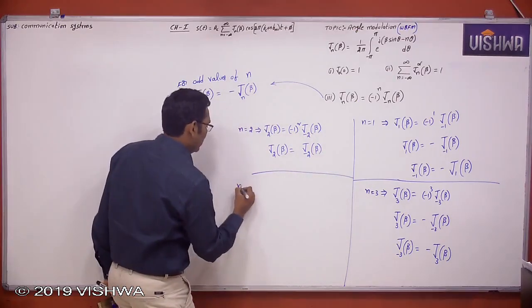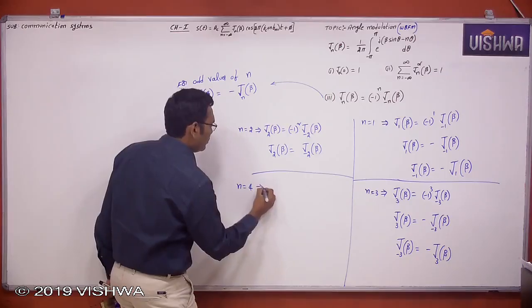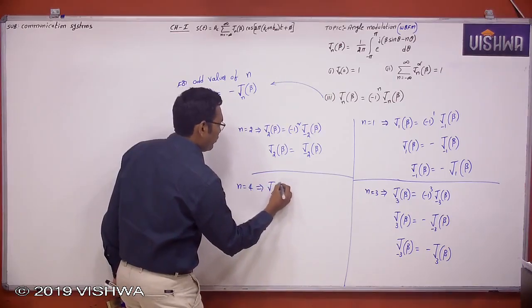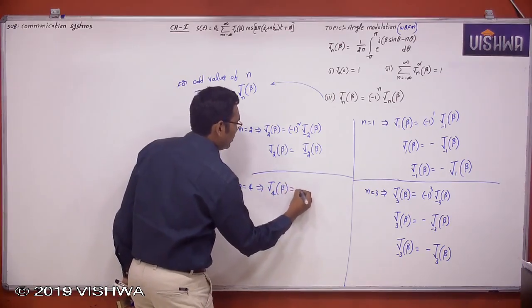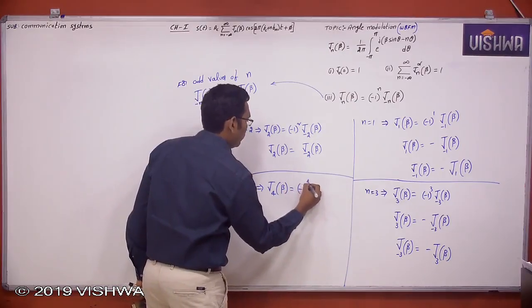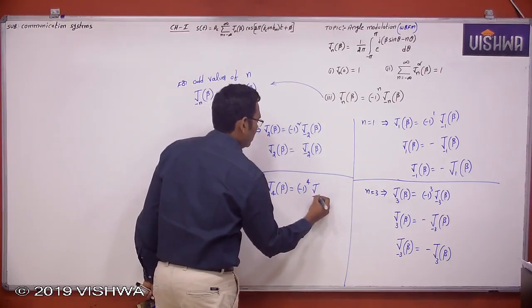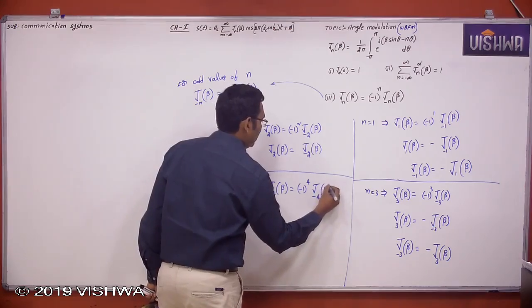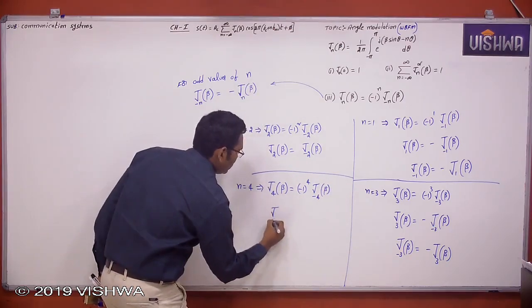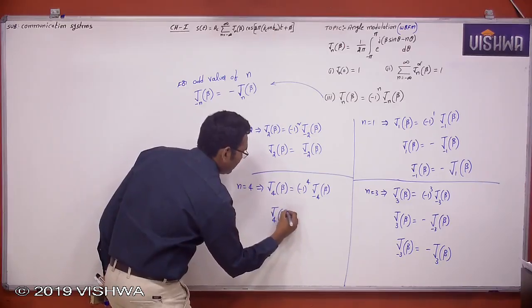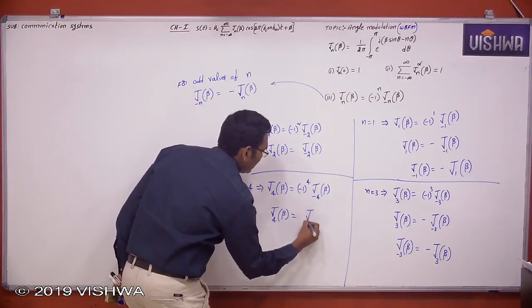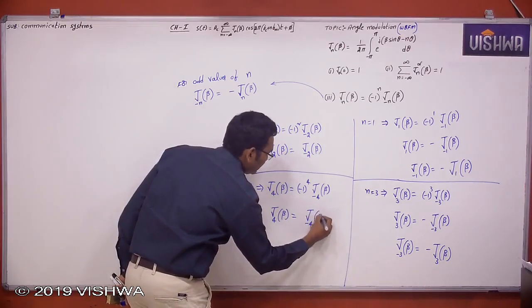Now similarly, if n equal to 4, J4 of beta is equal to minus 1 whole power 4 into J minus 4 of beta, which is equal to J4 of beta, which is equal to J minus 4 of beta.